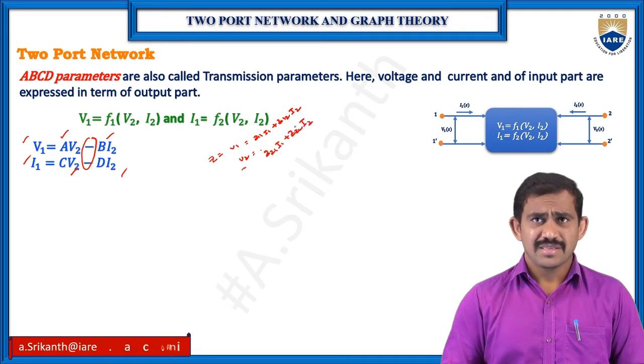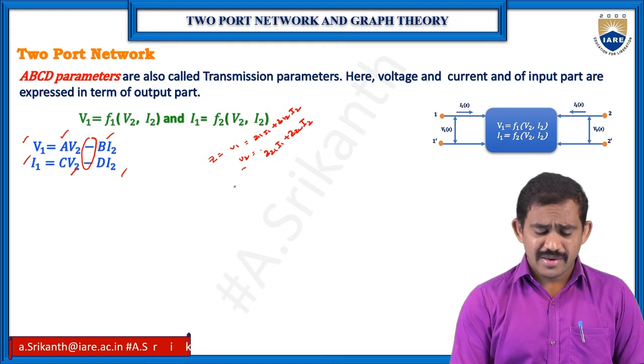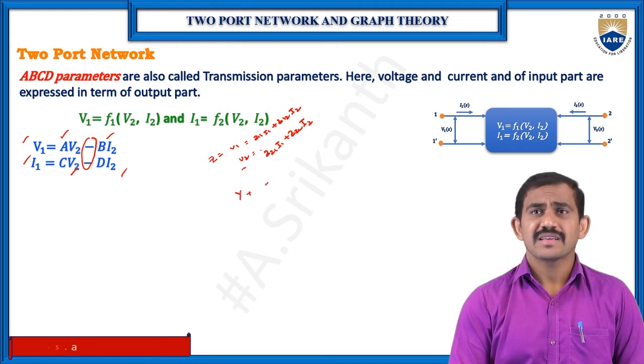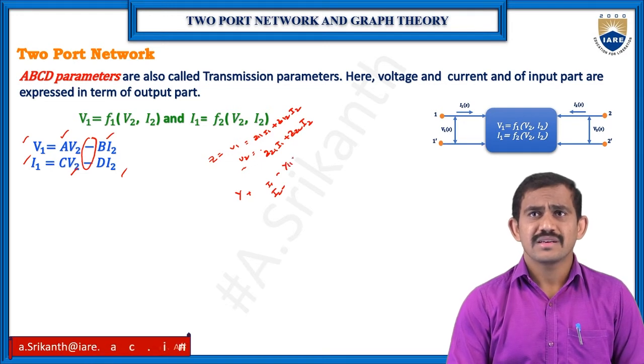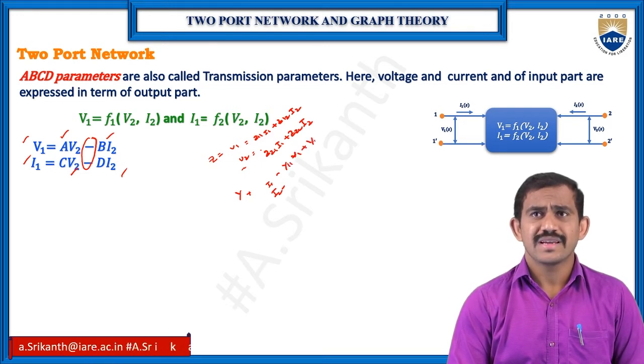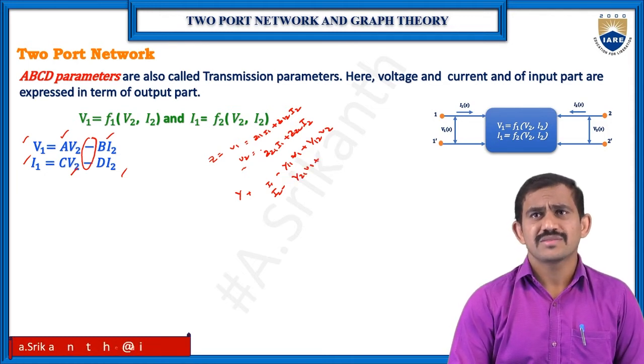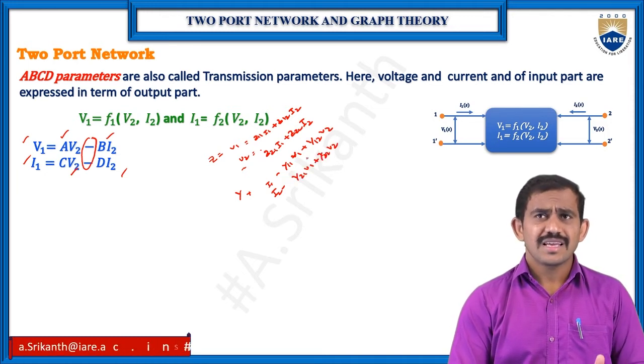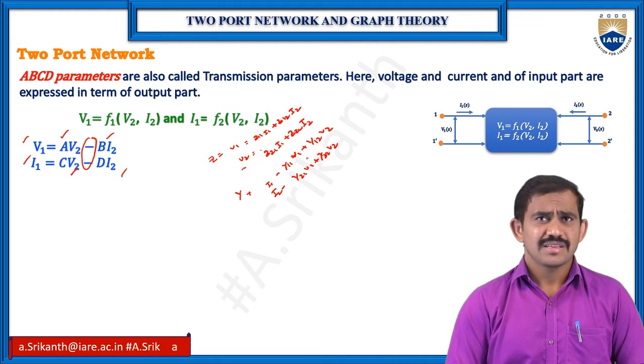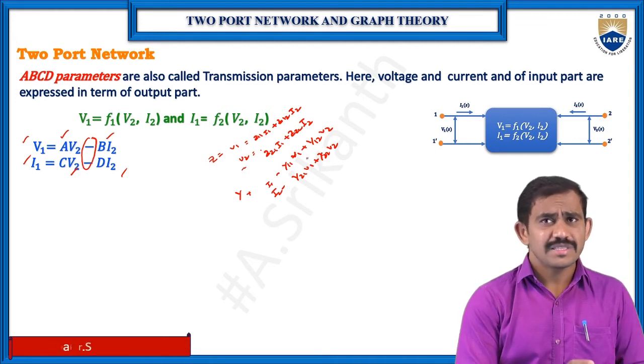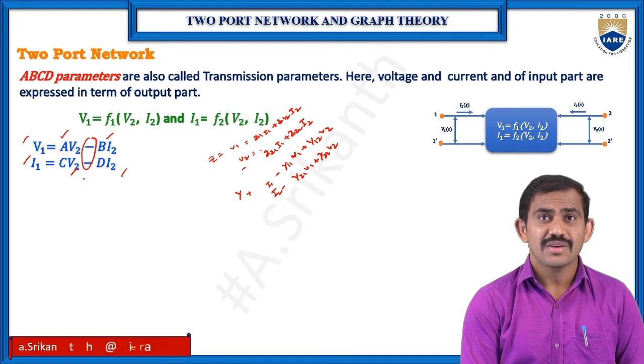These are Z parameters. And Y parameters give I1 and I2 values: Y11 V1 plus Y12 V2, and Y21 V1 plus Y22 V2. So these are the Z and Y parameters. But coming to ABCD parameters, we have a minus value.